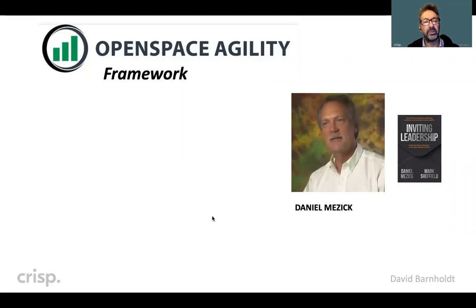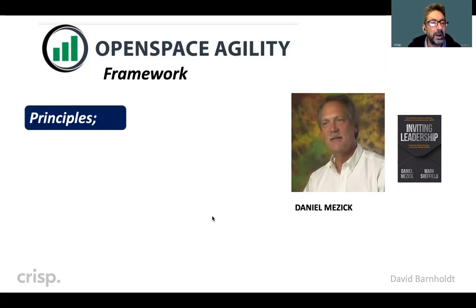This framework stems back from 2015 when he created it, I think as part of his Improving Agility work on network, I think it is. And it's based on some principles that I think are really nice.